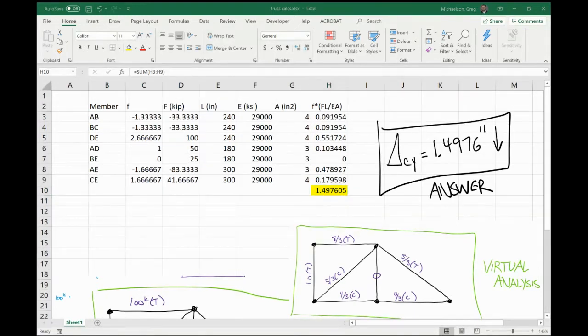Oh, okay. Sorry. I thought for some reason that didn't show up. Okay. That is that example.